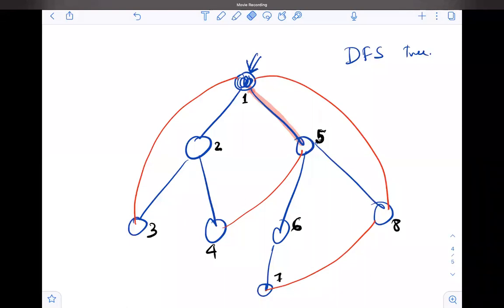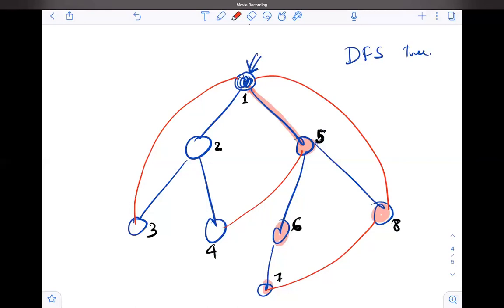Even 4 is reachable from 5, right? So how is it possible that I have not, at some point, colored 4? I must have completed this whole thing, right? This 5 was the first one that I put in, and 4 is on this right side.